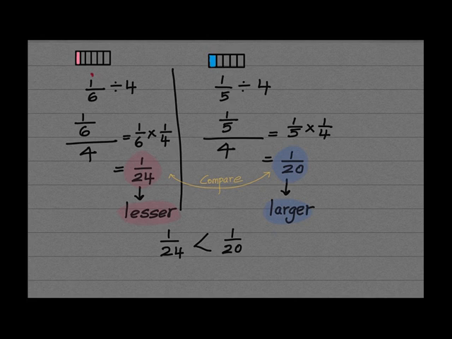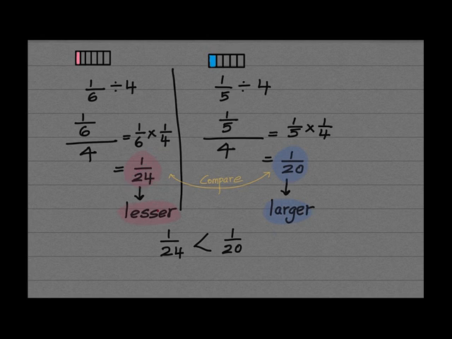Okay, so let's divide and find out. 1/6, write it in the numerator, divided by the whole number 4 in the denominator. When you take the reciprocal of 4, it becomes 1/4. You write that here. Then multiply the numerators. 1 times 1 is 1, and then 6 times 4 is 24.